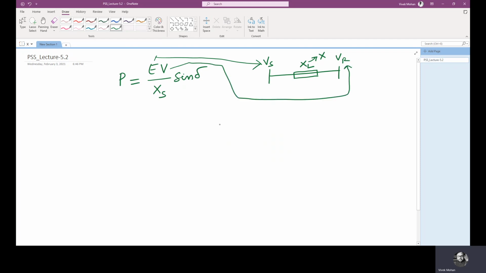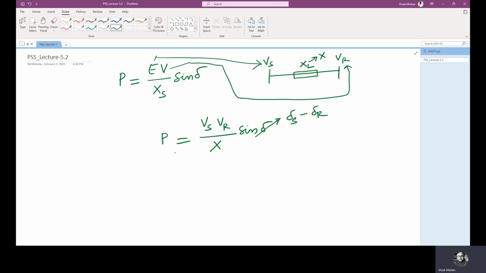So P will be Vs Vr divided by X sin del, where del is the difference between del S and del R, the sending end and receiving end angles.